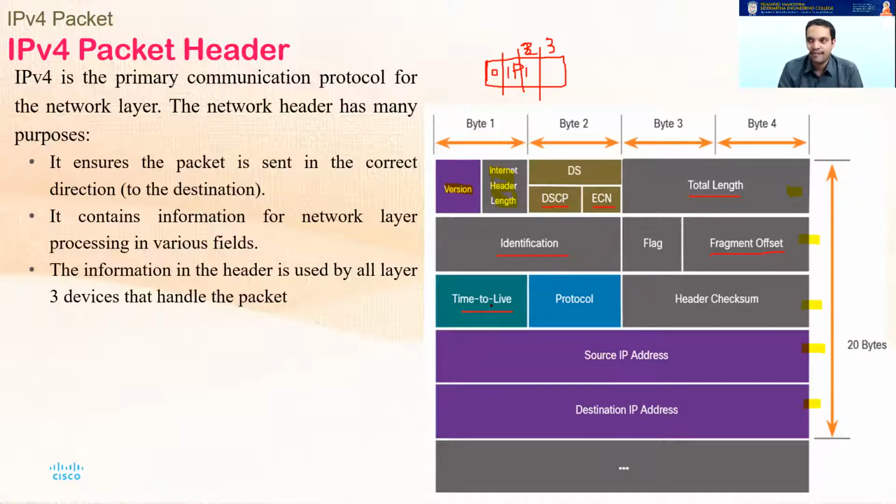For each and every hop, the counter gets decremented: 30, 29, 28, 27. If the packet did not reach the destination and the TTL field is equal to 0, it is discarded. So the time to live field is placed to make sure that packets do not stay indefinitely on the network. It is nothing but a hop counter which gets decremented for each and every hop the packet moves.